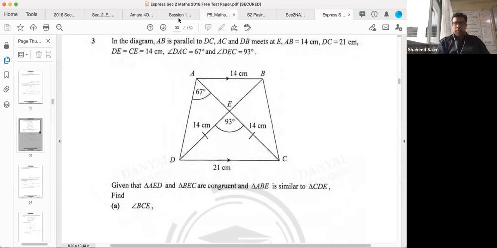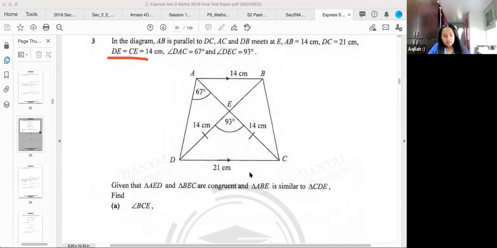Okay, look at the clue. You are not looking at this clue, maybe. Once you know this clue, is the answer 43.5? Well done, well done.